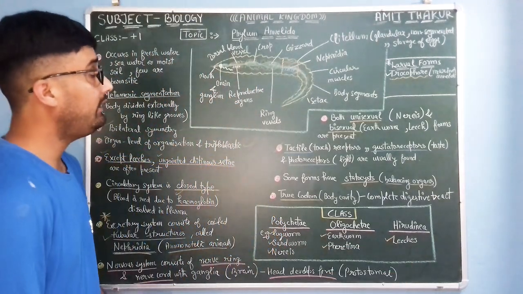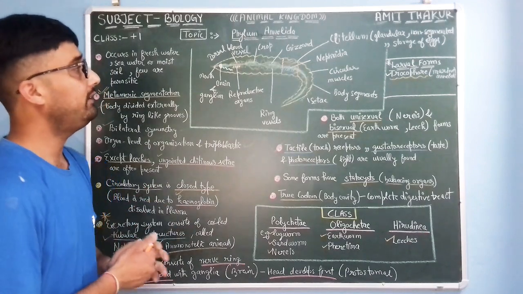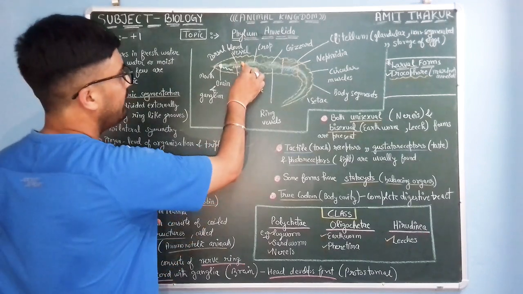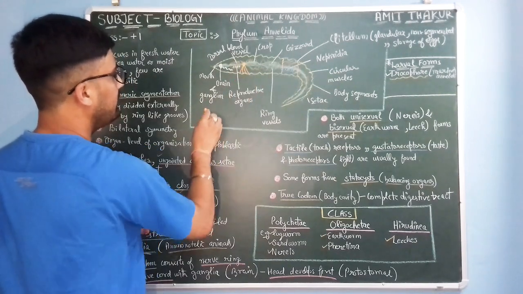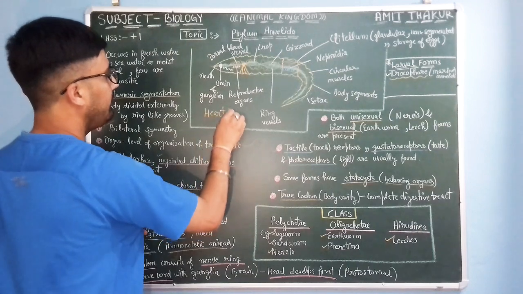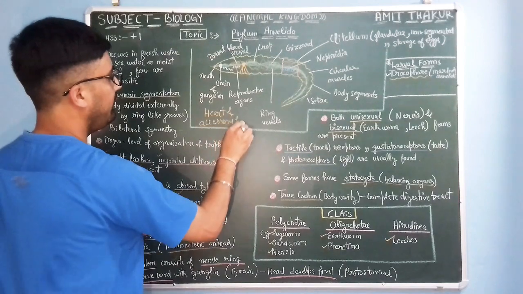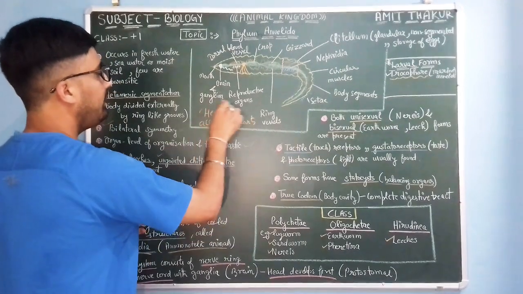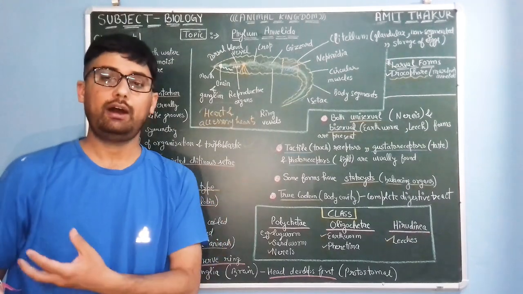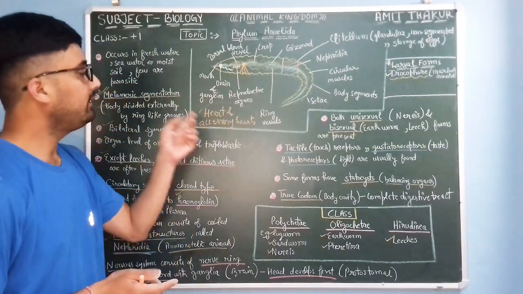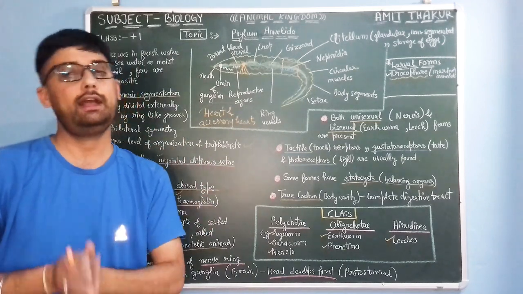There is a heart, and accessory hearts are also present. Actually, the heart is not fully developed as we see in higher animals, but it functions similarly to that of higher animals.